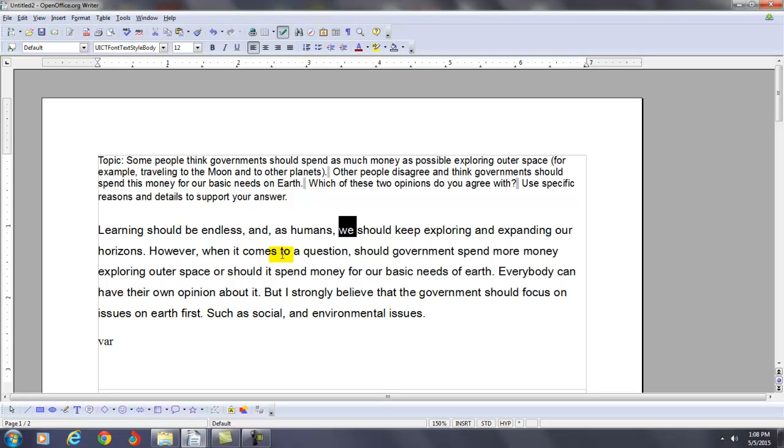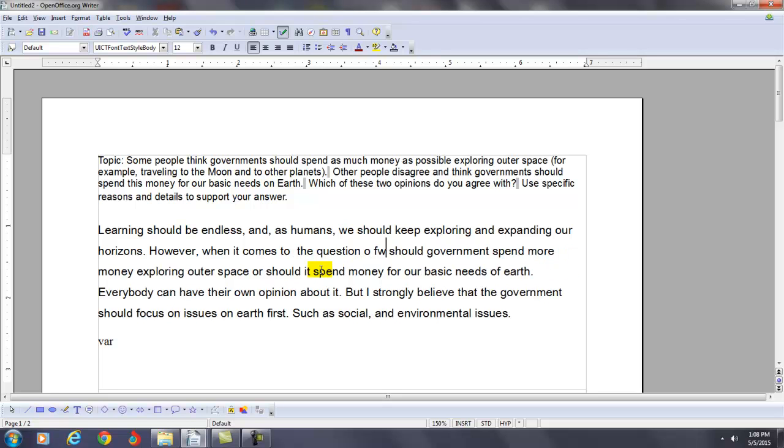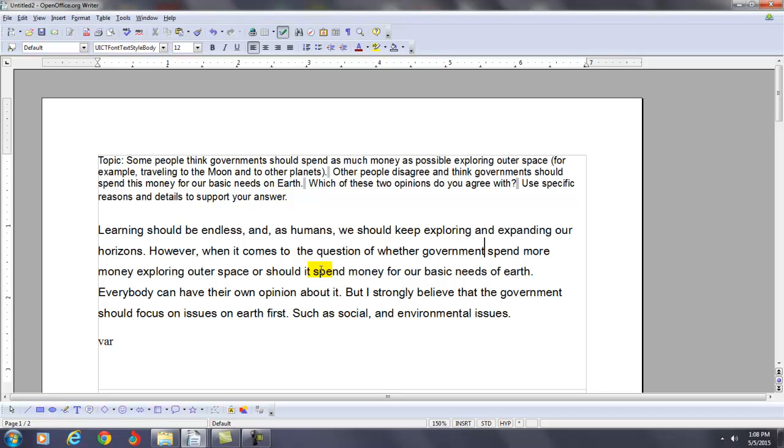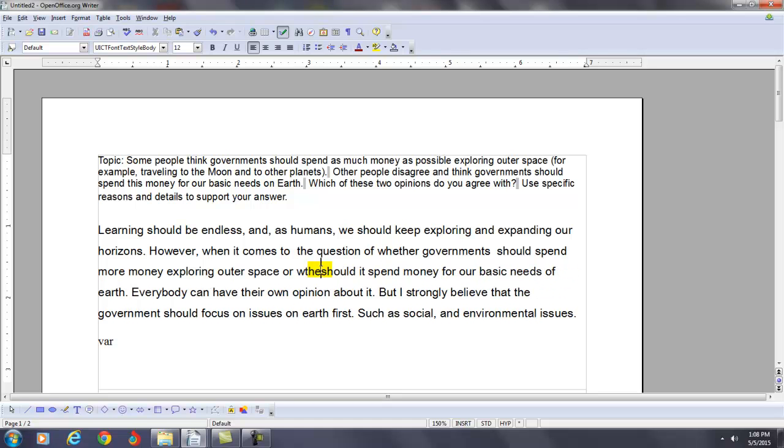However, when it comes to, I'm going to say the question, and then you want to say here whether, I'm going to make this plural, whether governments should spend more money exploring outer space, or whether, instead of spend, you might use the word allocate money for basic needs on Earth.